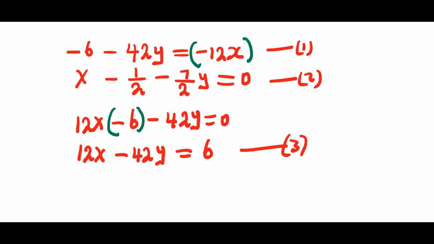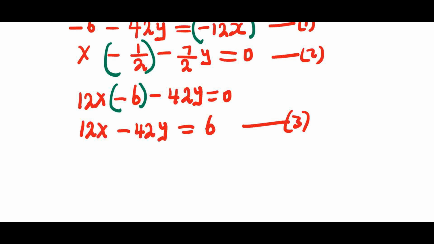Then equation 2. First, we are going to add 1/2 to both sides. So if we do, then equation 2 becomes x minus 7/2y equals to 1/2.